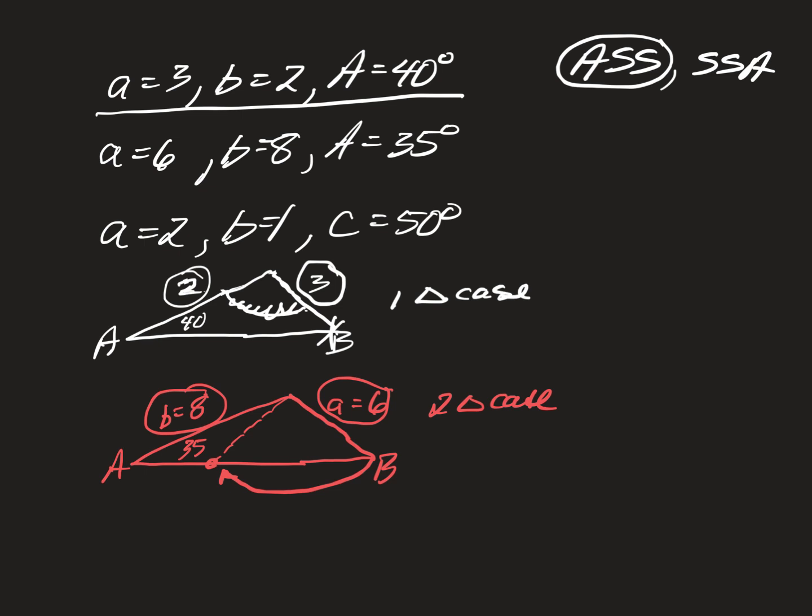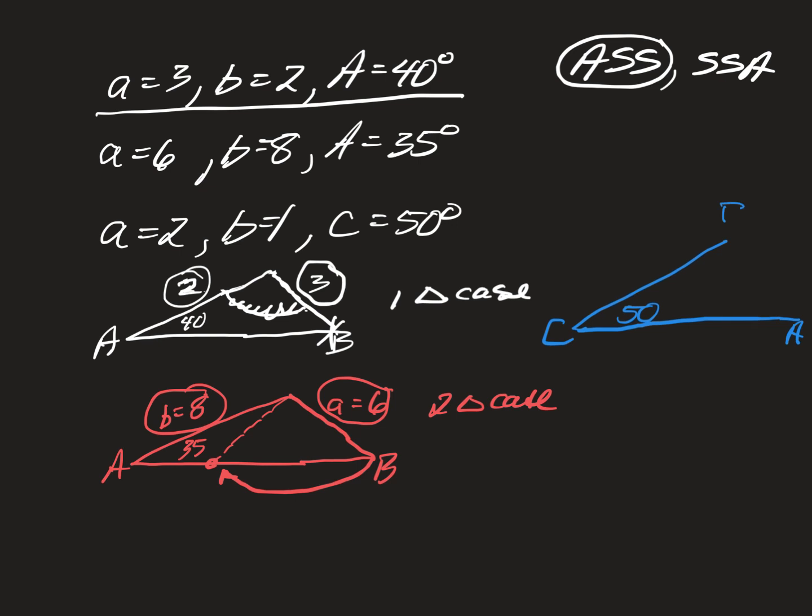So let's look at the third situation. So A is 2, B is 1, angle is 50. Okay? So now I draw the angle first. That's 50 degrees. Okay? And so this is going to be angle A over here. All right?